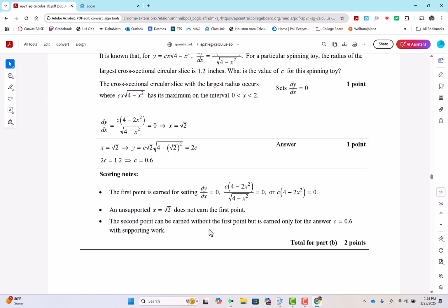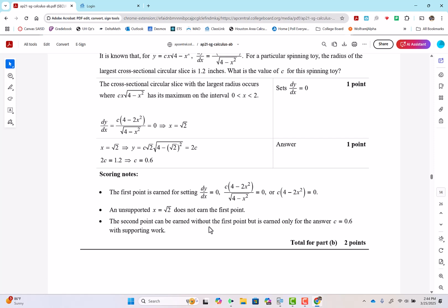And here, guys, oh my God, I love this. Let's say you didn't know how to do any of it, but at least you set the derivative equal to 0. They'll give you a point for that, guys. If you just wrote dy dx equals 0, that's a point. Look what it says right there in that first bullet: the first point is earned for setting dy dx equals 0. This is my derivative, so it can look like this, like this, or like that.